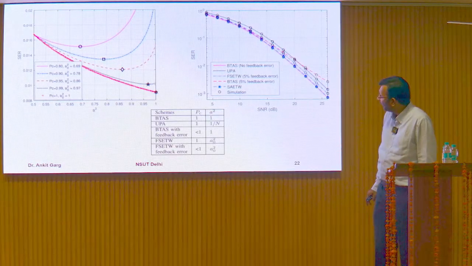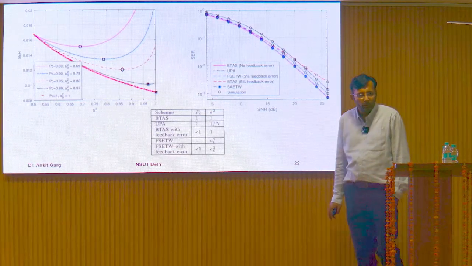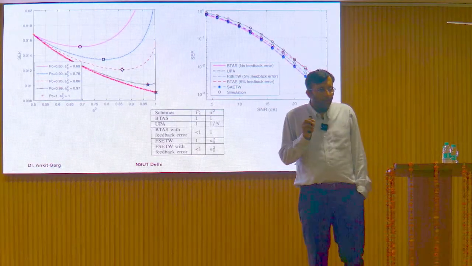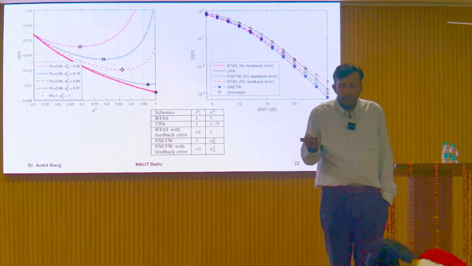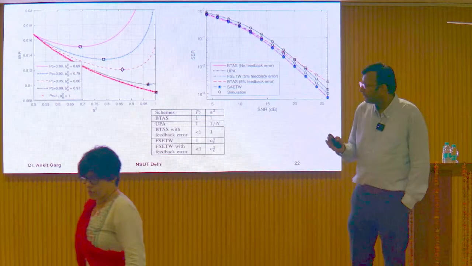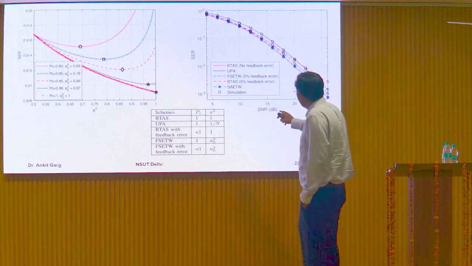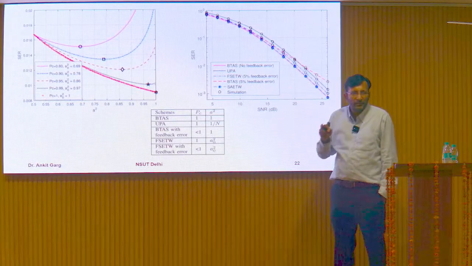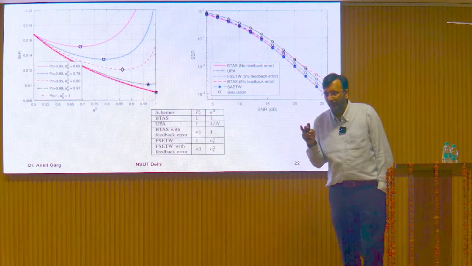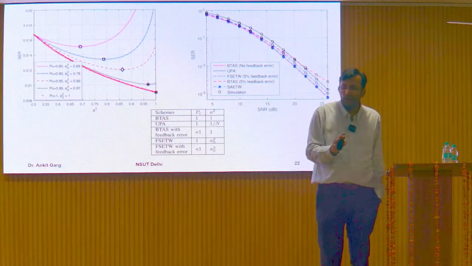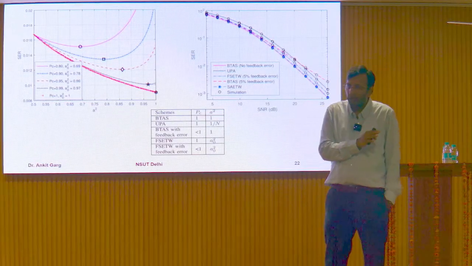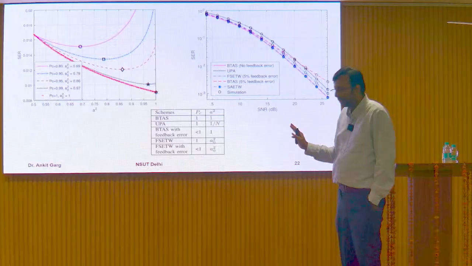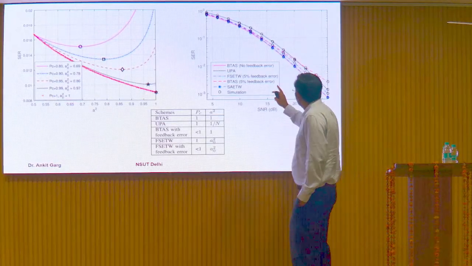Then we have a fixed SNR ETW. ETW means optimum power allocation, error tolerant weighing, right? If we have a 5% feedback error, it means PC is 0.95. 95% probability you get the feedback decoded correctly and 5% erroneous, right?